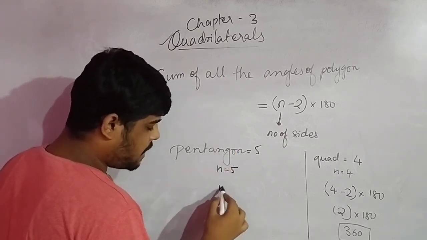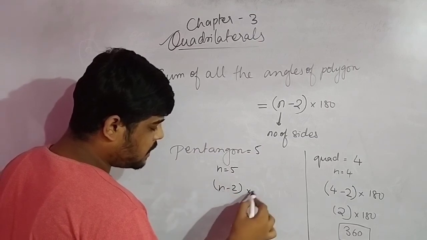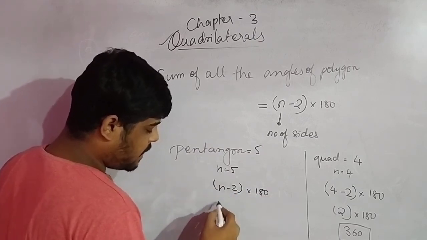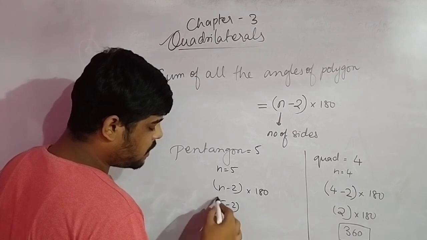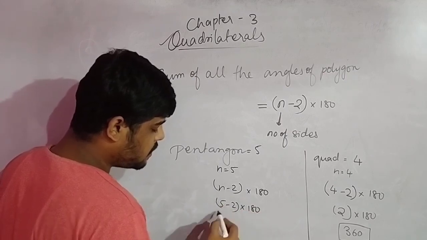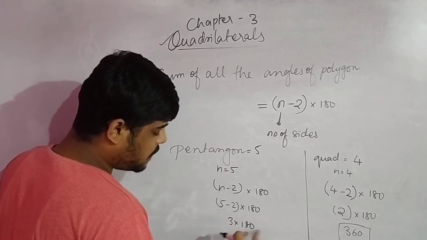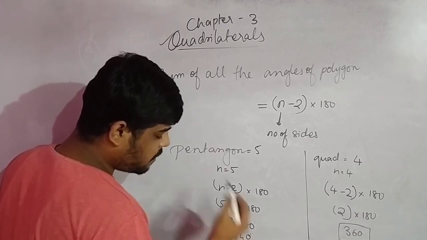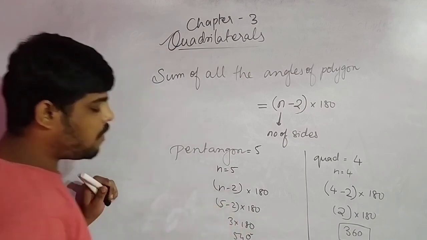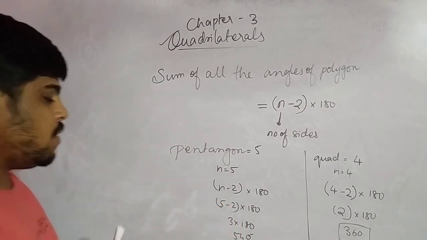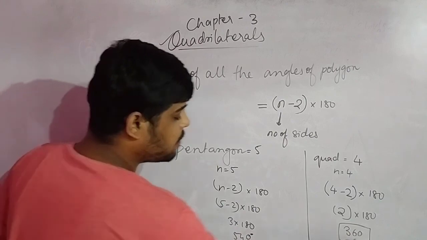So apply this formula, (n minus 2) into 180. So n is 5 over here, minus 2, into 180. So 5 minus 2 is 3, into 180. So 3 times 18 is 54, so 540. So the sum of all the angles of a pentagon is 540 degrees. Okay.